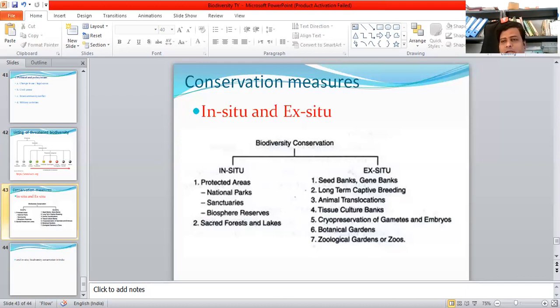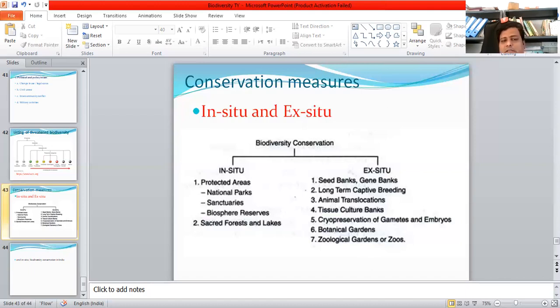Seeds are preserved under controlled conditions, with temperatures as low as minus 180 maintained to conserve the seeds and germplasm of various species. Gene banks also exist. The genetic variability is preserved by gene banks under normal growing conditions. These are cold storage where germplasm is kept under controlled temperature and humidity. This is an important way of preserving genetic material.